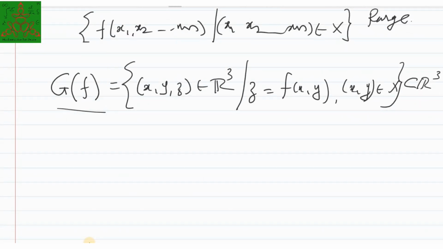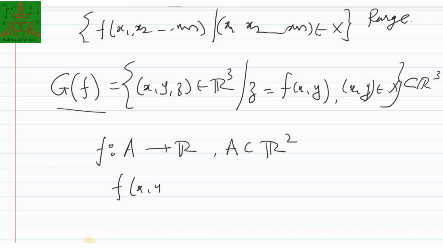Suppose you have a function defined on some set A to R, where A is a subset of R square, then you have f of (x, y) equal to some operation, let's say x plus y. We can denote this by z.